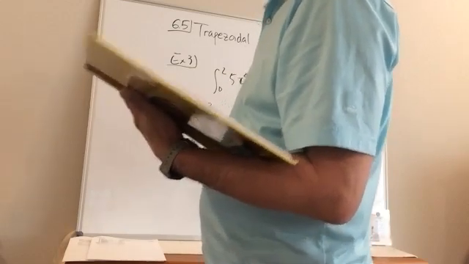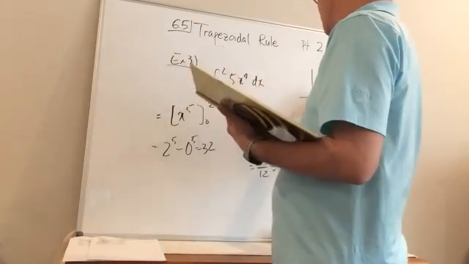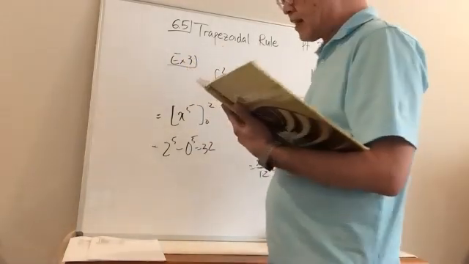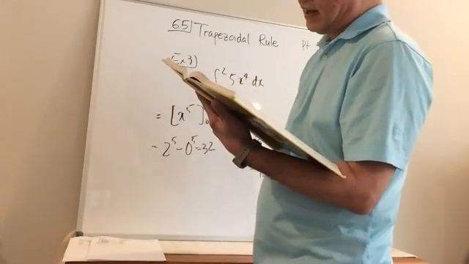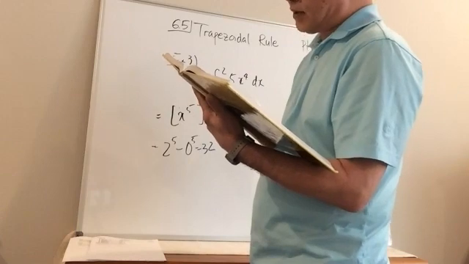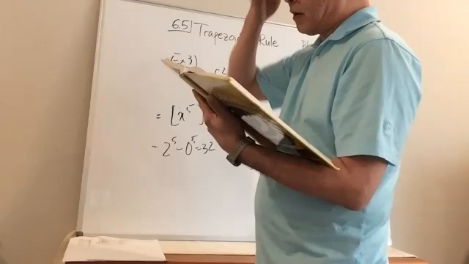B minus a over 12, h squared, where h is each increment's strip length. And then you have that M thing there. That M thing is something new. What is the M thing?